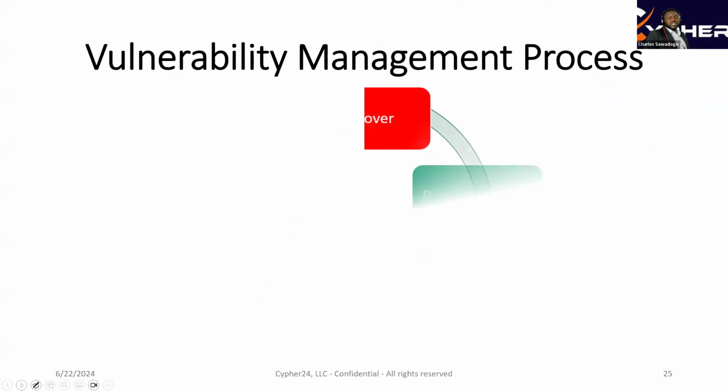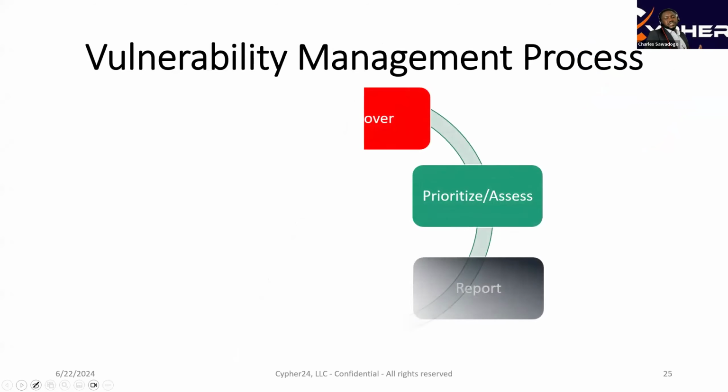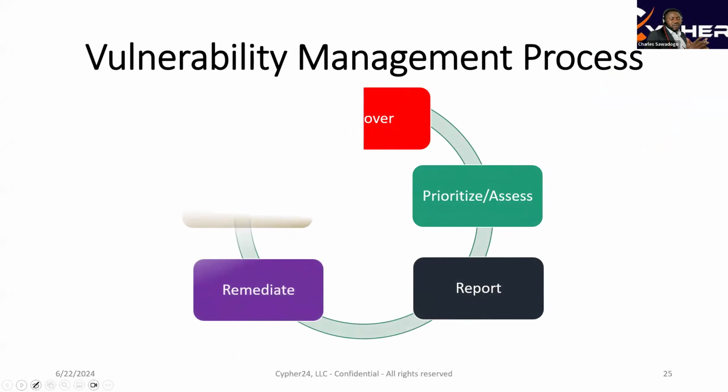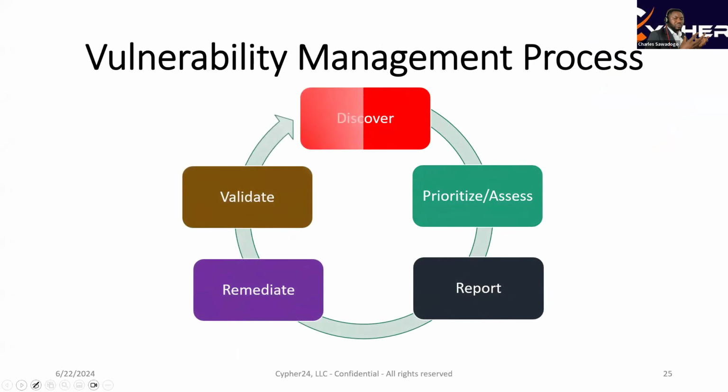Number one is to discover your vulnerabilities, right? I don't call them steps, but more like a process. You want to discover your vulnerabilities first. That's the vulnerability management process. You discover your vulnerabilities and you prioritize and assess them. You're going to report these vulnerabilities to the correct team for remediation, and the correct team is going to remediate.